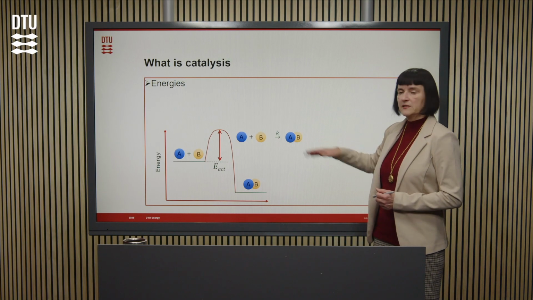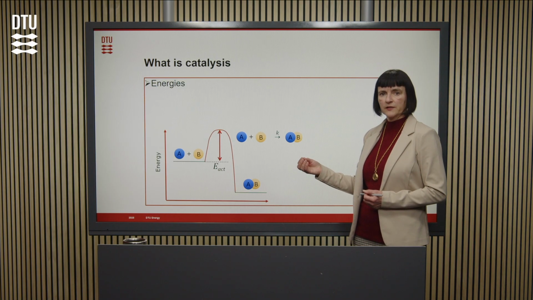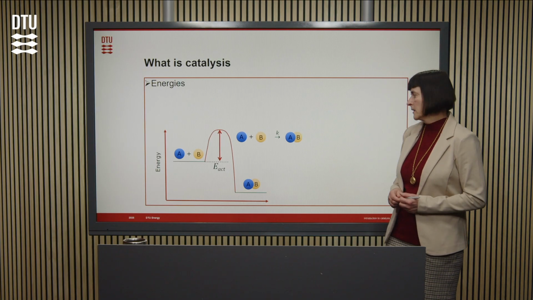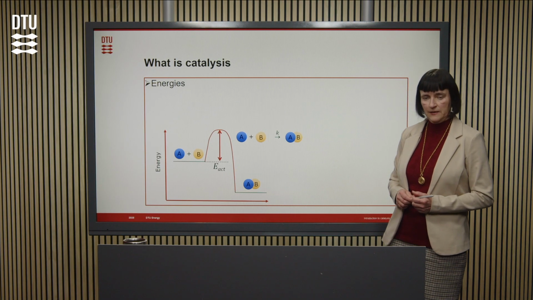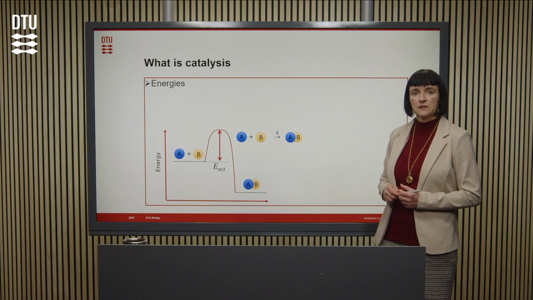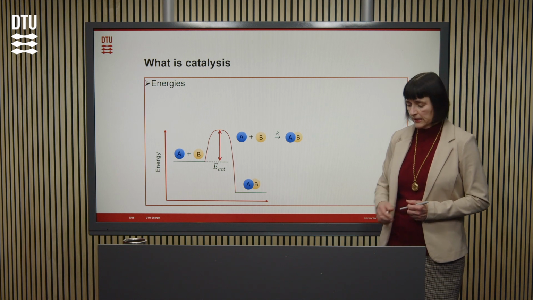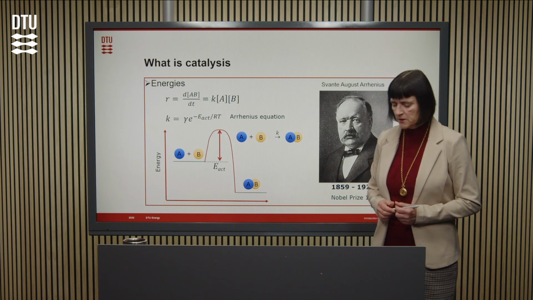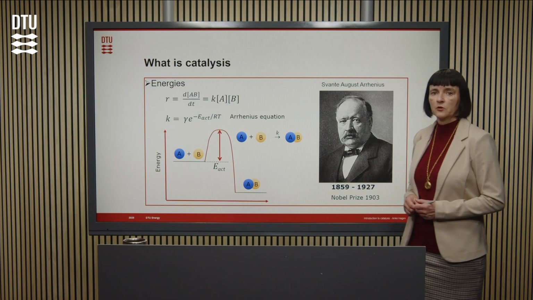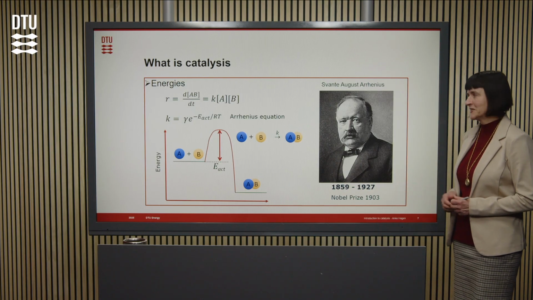The reaction is very easily written like that, and the reaction rate, so how fast the reaction is proceeding, is expressed or correlated to a reaction rate constant k. And of course, you want to know how these things are intercorrelated and on what parameters they depend. And here the famous Swedish chemist Svante Arrhenius found a very useful, very important correlation called after him the Arrhenius equation, which also gave him the Nobel Prize.